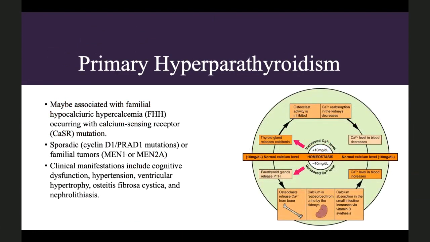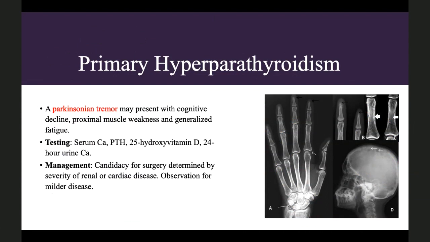Primary hyperparathyroidism can be sporadic or familial, and clinical manifestations include cognitive dysfunction, hypertension, ventricular hypertrophy, and osteitis fibrosa cystica with renal stones. Here we see a Parkinsonian tremor that is associated with cognitive decline and proximal muscle weakness.